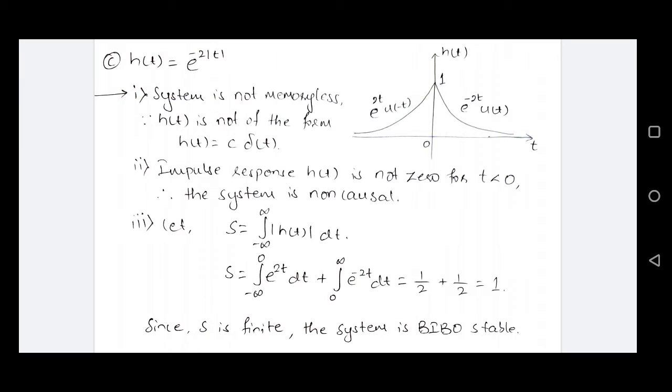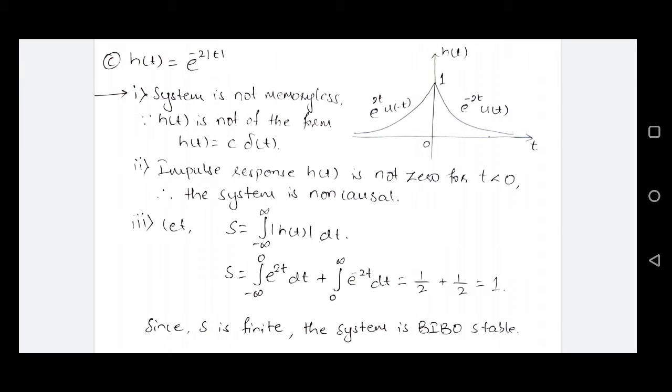From minus infinity to 0, it's an exponentially growing signal defined by e to the power 2t u of minus t, and from 0 to infinity it is an exponentially decaying signal defined by e to the power minus 2t u of t. The nature of this impulse response has been drawn on the right side.